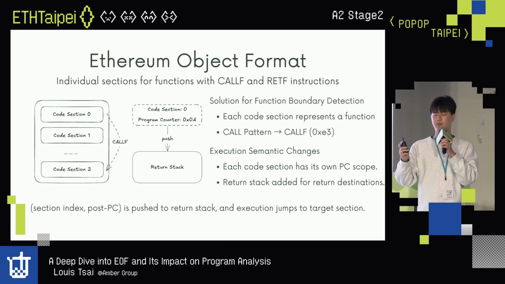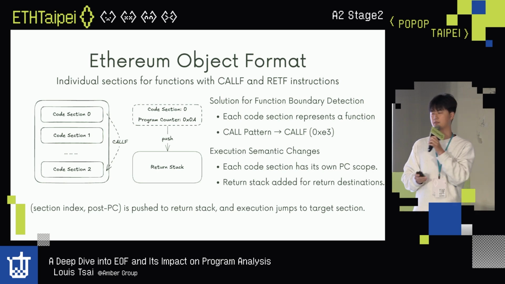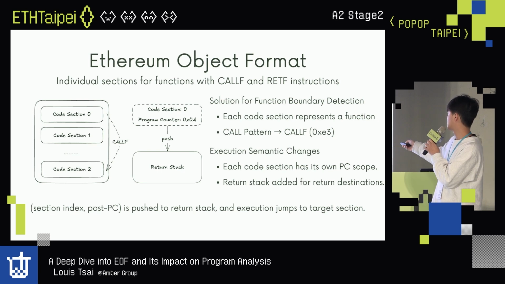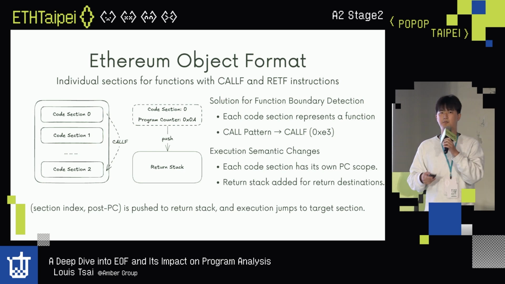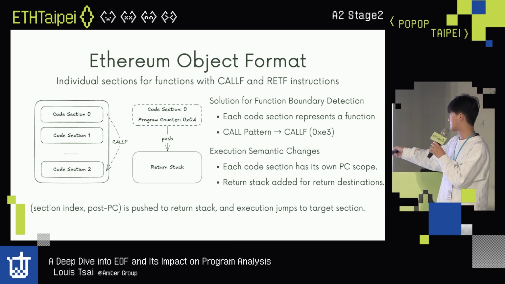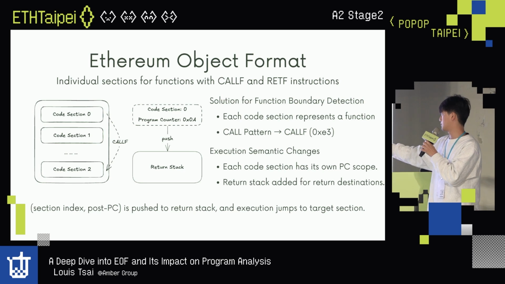So now we no longer have to decode the function boundary. And then in EOF, a new opcode is introduced. It is the CALLF opcode. The CALLF opcode would represent the call pattern. So now we have the call pattern.